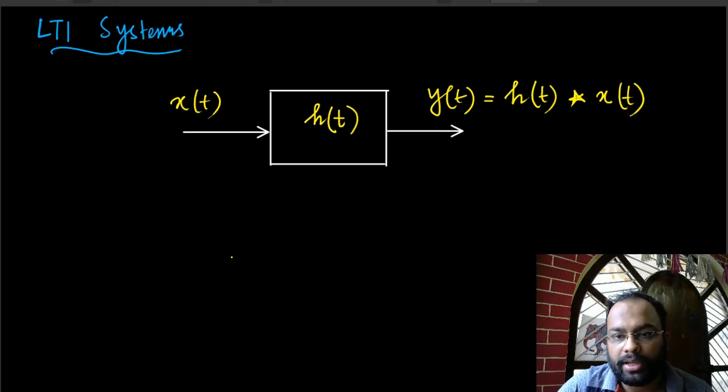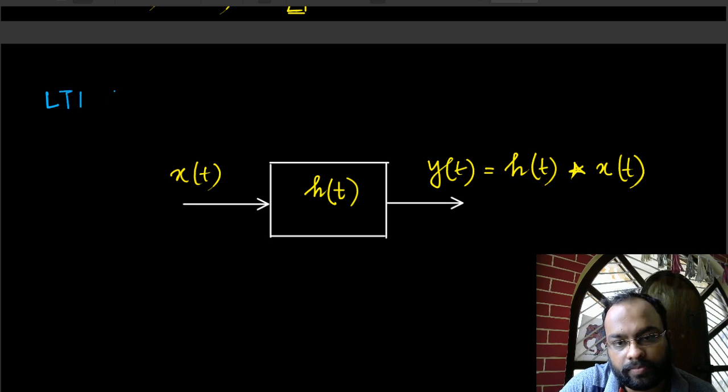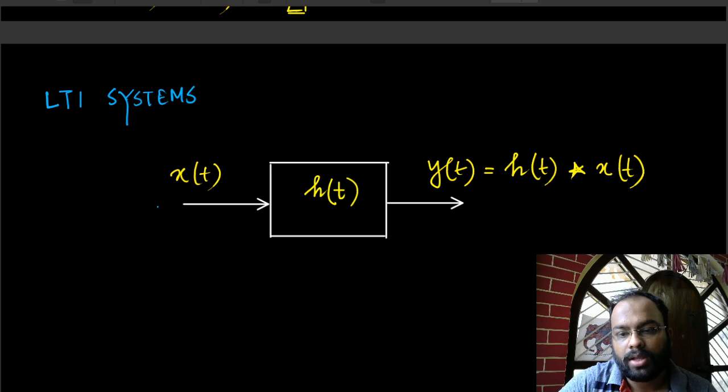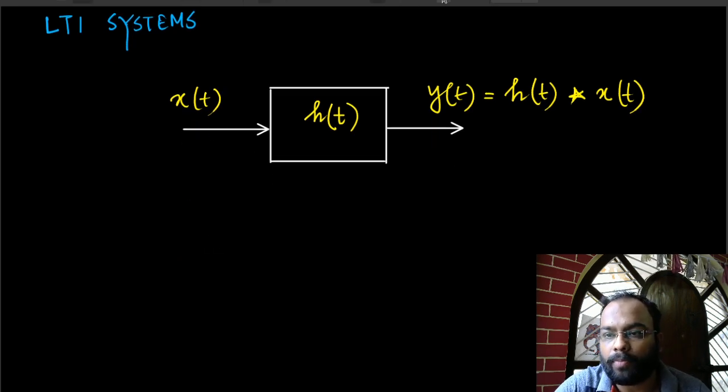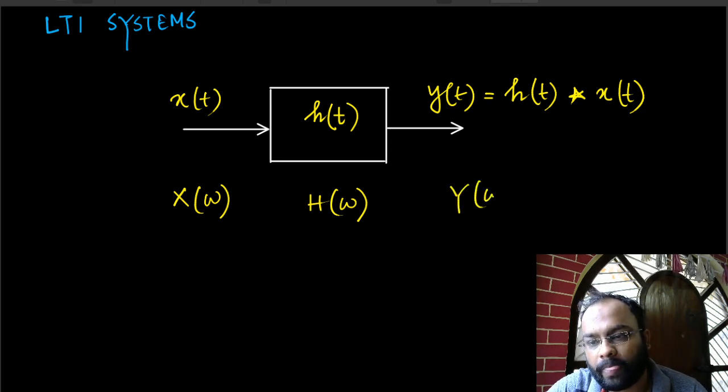Now, if the Fourier transform of the input is X(ω) and the Fourier transform of the impulse response is H(ω), then what is the Fourier transform of the output?